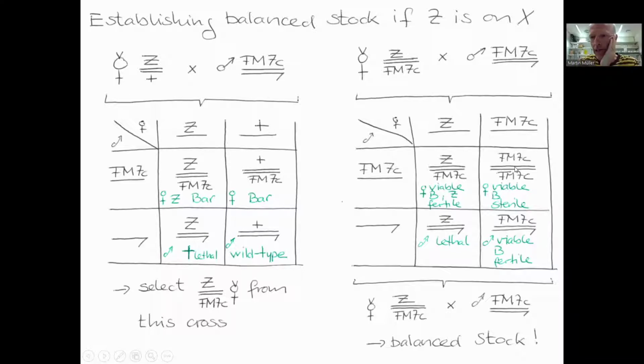It cannot be lethal, because then these males would not survive. If these here are lethal, then of course FM7 over Y is also lethal, and it doesn't work. So that's why the X chromosomal balancer chromosome, when homozygous in females, is sterile.